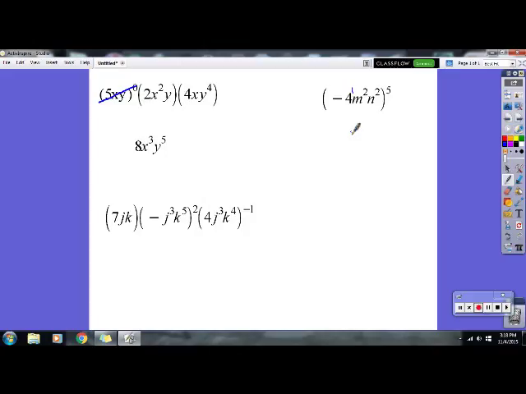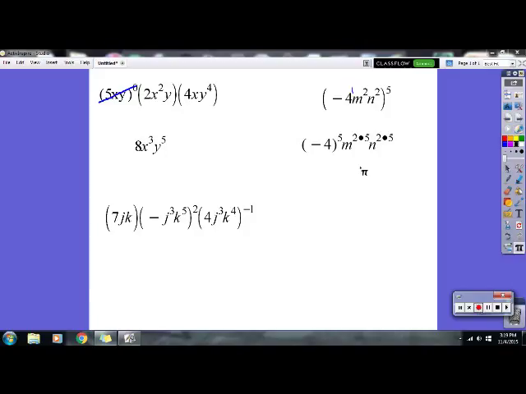If you don't maintain that set of parentheses, when you put it in your calculator it won't think of it as negative 4 times negative 4 times negative 4 times negative 4 times negative 4. It'll just do 4 times itself 5 times, and then multiply it by negative 1. So all that being said, when I first apply this exponent of 5 to each of these items in the parentheses, initially it would look like this.